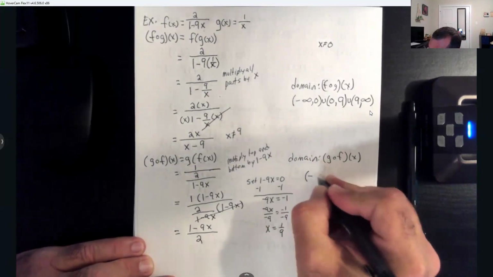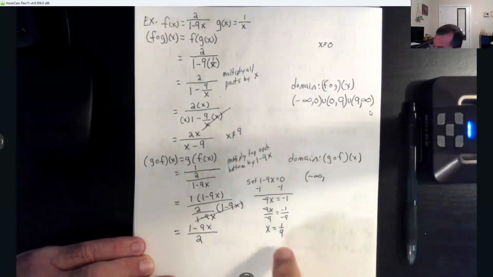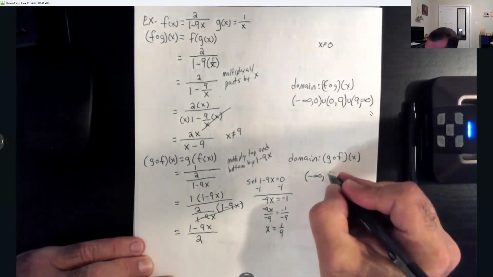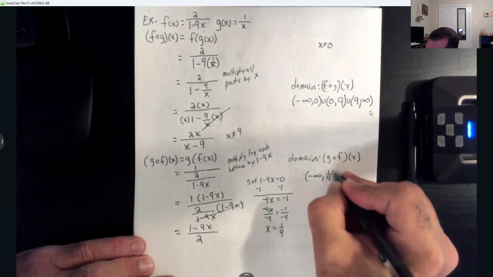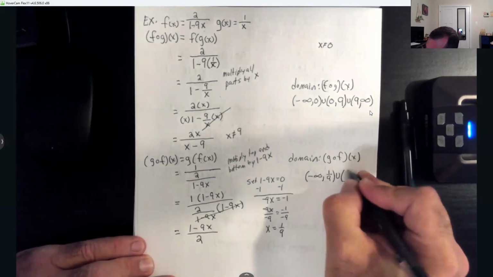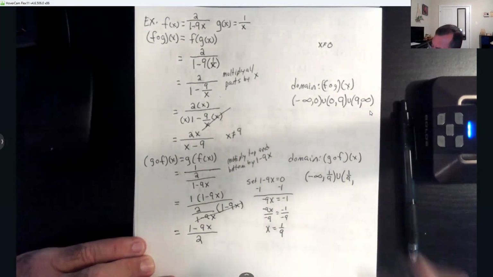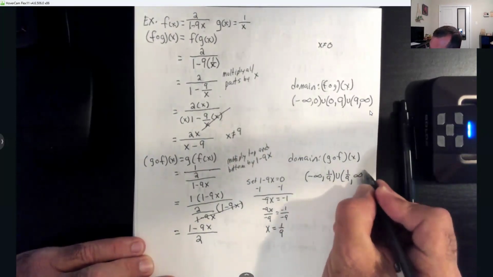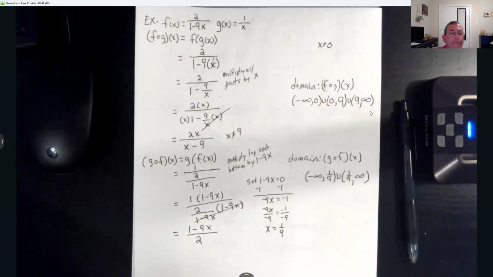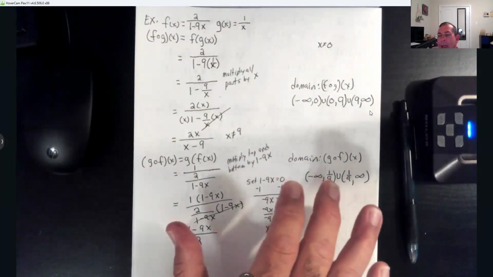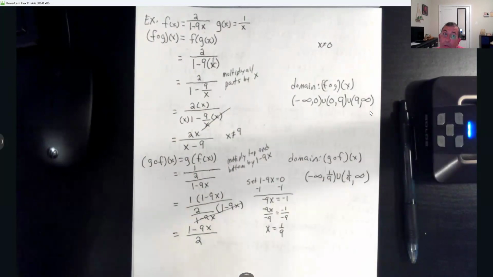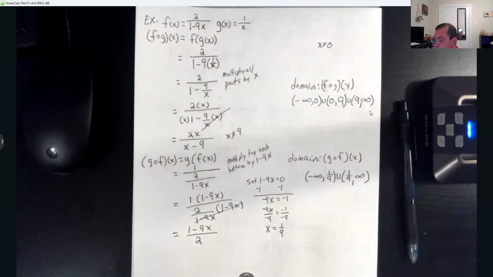So once again, you're going to start at negative infinity till we hit our 1/9. Union around that 1/9. And from 1/9, we hit positive infinity. So y'all, we'll get a lot of practice using this interval notation as we go through the year.